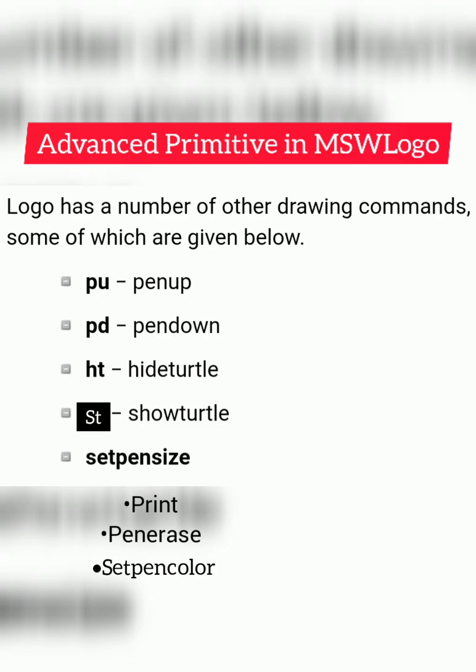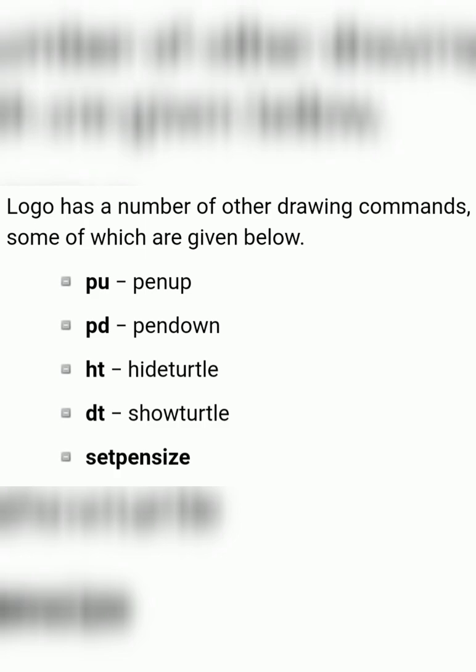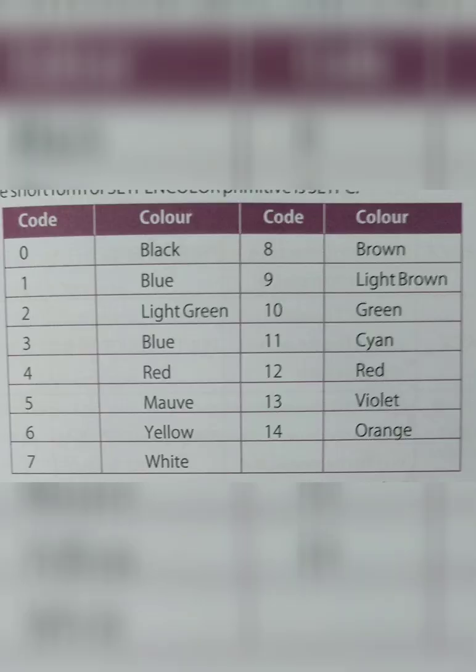Set pen size is used to set the size of the pen, and the print command is used to display a number, a word, or a sentence. Pen erase is used to rub off a line or a part of a line. The set pen color primitive is used to change the color of the turtle's pen. The short form of set pen color is SETPC.